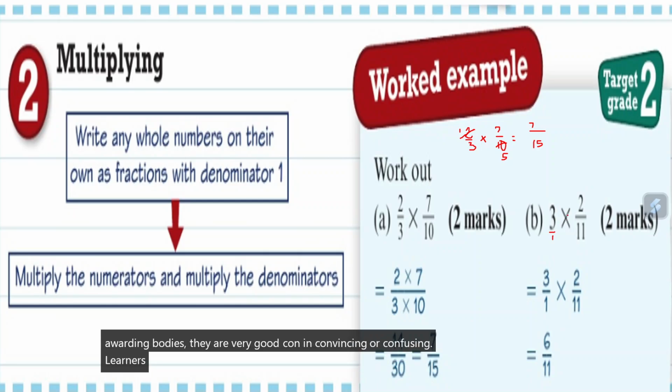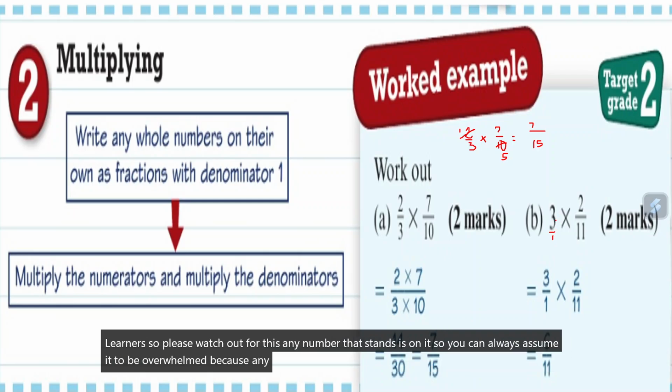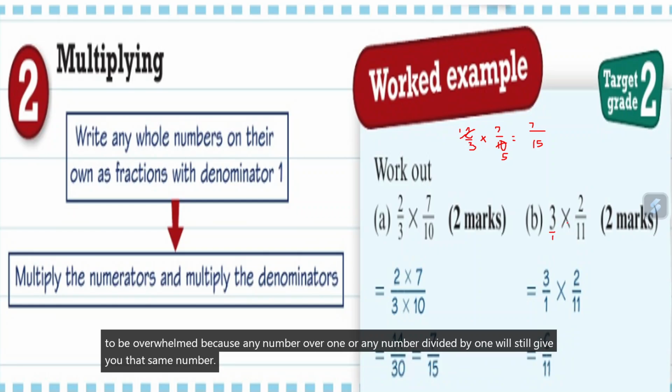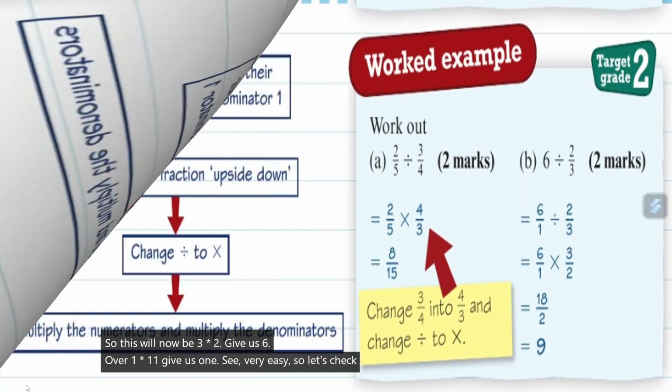So please watch out for this. Any number divided by 1 will still give you that same number. So this will now be 3 times 2 will give us 6 over 1 times 11 will give us 11. See, very easy. So let's check the next slide.